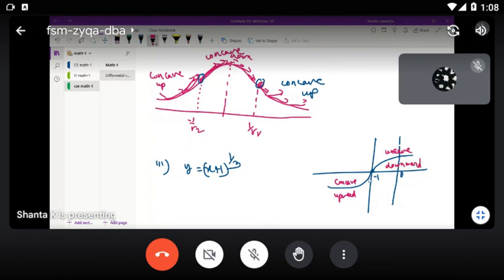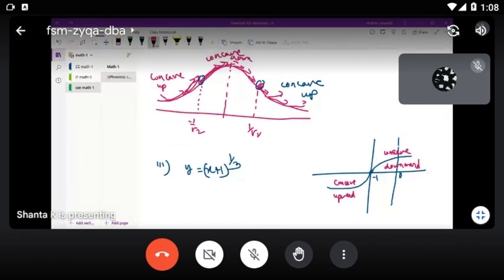So at -1 the function is continuous. Here you can see it's concave upward, concave downward, so x equals -1 is a point of inflection of this function.